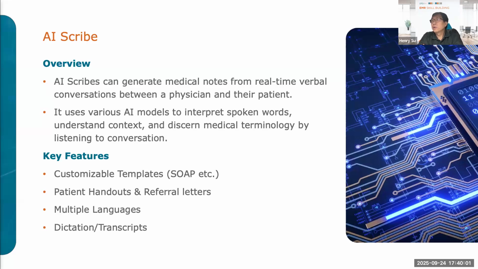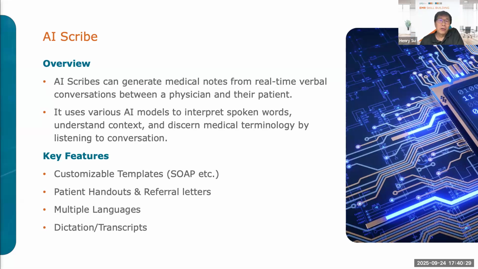So that is AI scribe at a very high level. I also want to talk about the CHI, Canada Health Infoway, AI Scribe program. It was launched on June 10th. CHI is paying for about 10,000 AI Scribe licenses across the country for one year, so that providers can experience AI Scribe.